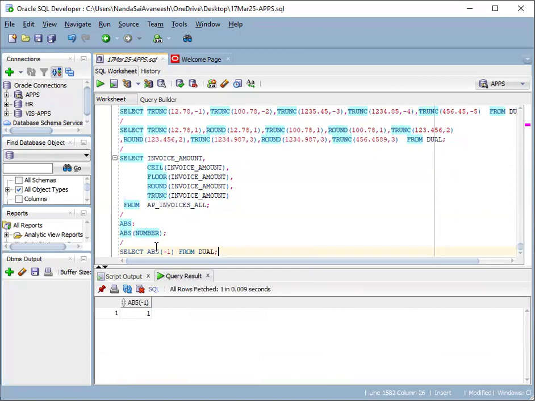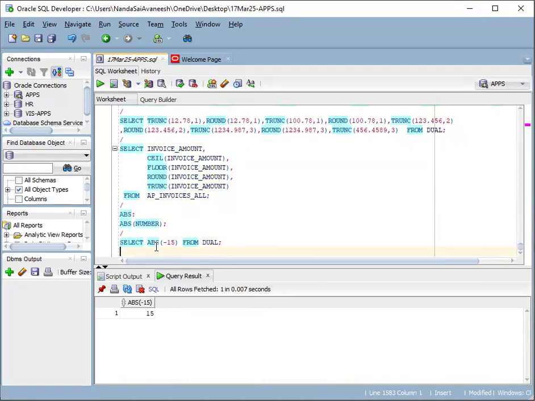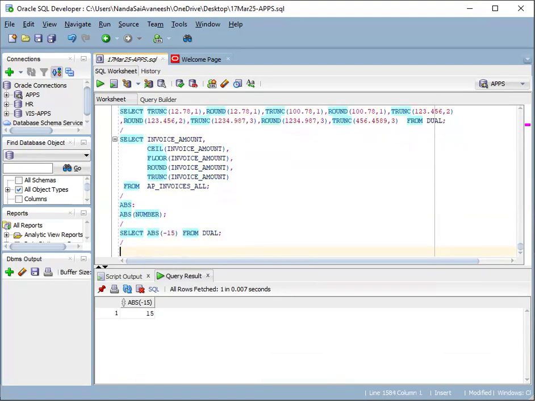It converted to +1. Suppose -15 is there, then it is converted into a positive value. The ABS function will convert the negative value into a positive value. Whatever negative sign is there will be removed and it will be converted into a normal positive value.